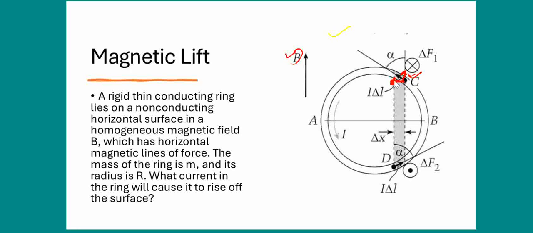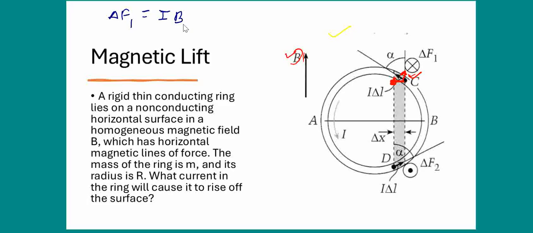And the force on this delta L due to this magnetic field is in the vertically downward direction, and you will be able to write this force simply as delta F1, which can be written as current I, which is not given, basically we need to find it, times B delta L sine alpha.